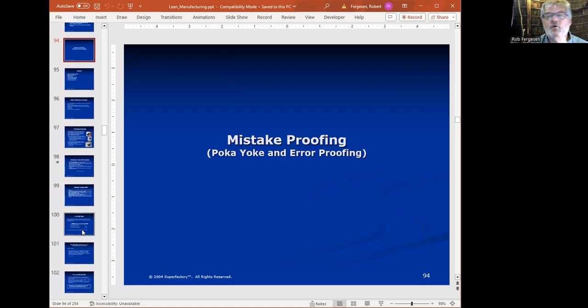But what is important for work cells is another tool, mistake proofing. And actually for the robotic work cells, mistake proofing is something else.